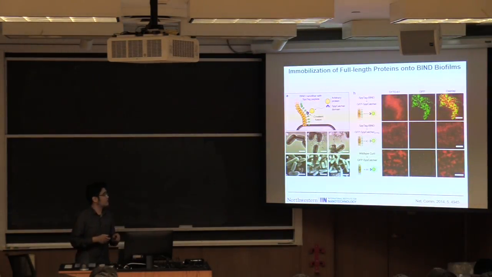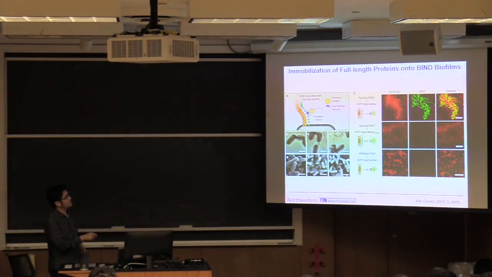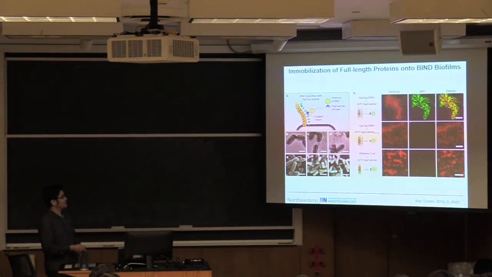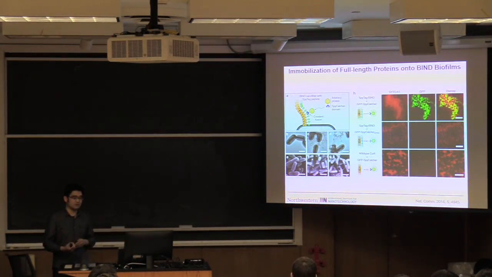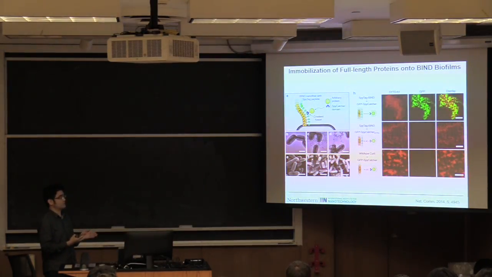Because they can code the end of the amyloid chain with different peptides, they can immobilize different types of proteins onto these biofilms. Here are TEM images of this biofilm, and on the right side the corresponding fluorescent microscope images, obtained by attaching different fluorophores through different conjugation techniques.